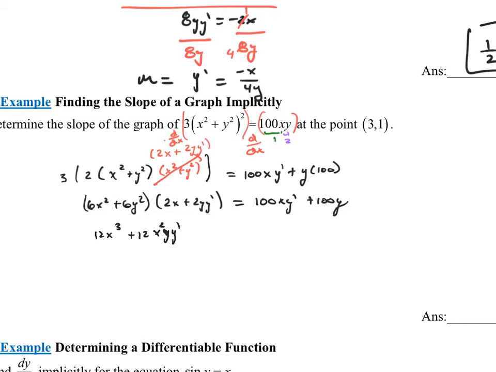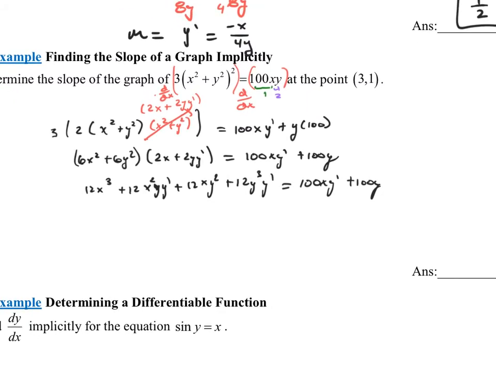And then we have the 6y squared times 2x, so that would be plus 12xy squared. And then 6y squared times 2y y prime would be plus 12y cubed y prime. And on the right again we have 100x y prime plus 100y. Whew, this is a mess, but that's okay.